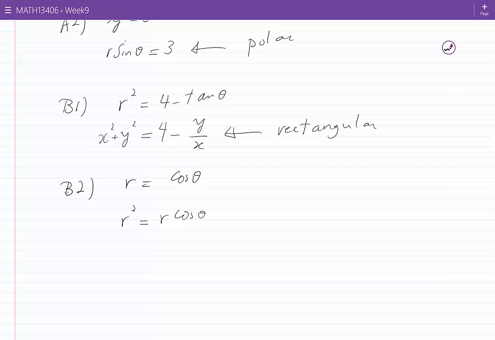I know that r squared is x squared plus y squared, and I also know that r cos theta is equal to x. In this new equation, I don't have r or theta, and I have been able to replace r and theta by x and y everywhere. Therefore, I say that this is the rectangular form of the original equation.